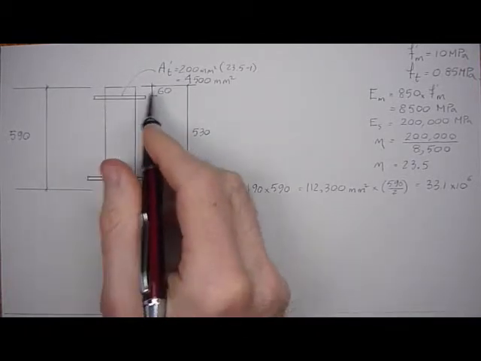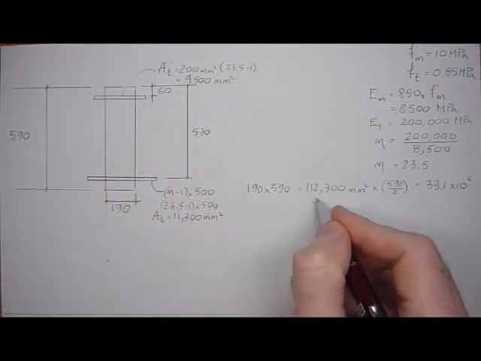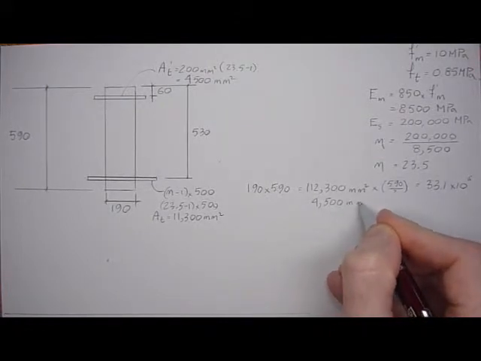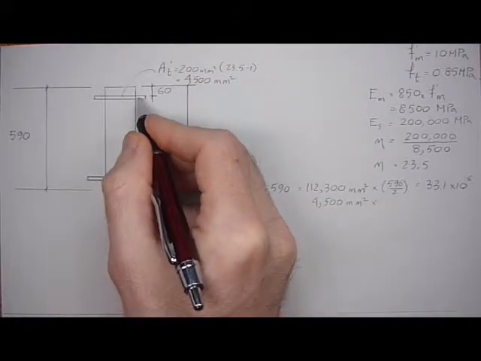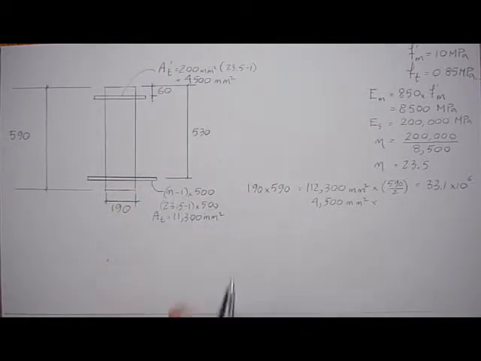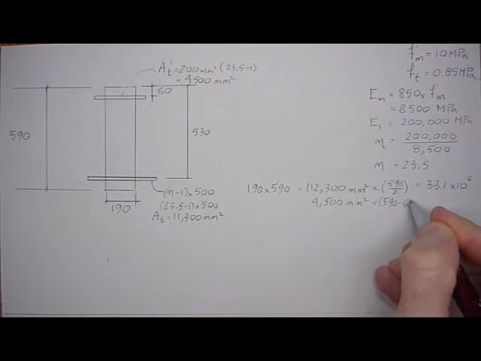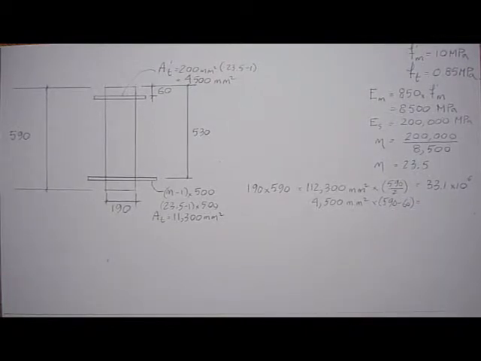Then the area of the top steel, 4,500 millimeters squared, times the distance from here to here. So that's going to be 590 minus 60. 4,500 times 590 minus 60 is 2.39 times 10 to the 6.